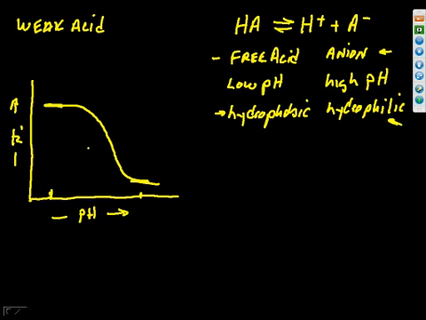Well, anytime you see an S-shaped plot as a function of pH, the first thing that comes to my mind is titration curve. And really, that's pretty much what that is. If you consider the midpoint of that, the pH at which that occurs is going to be what we think of as the pKa of that analyte.